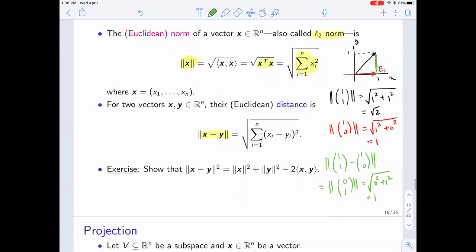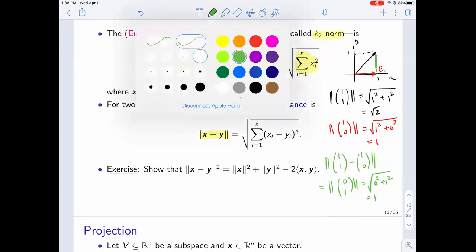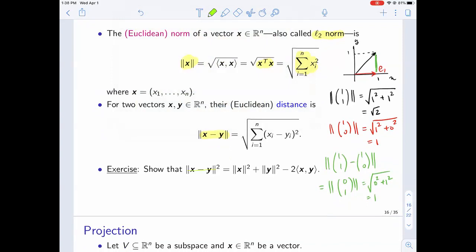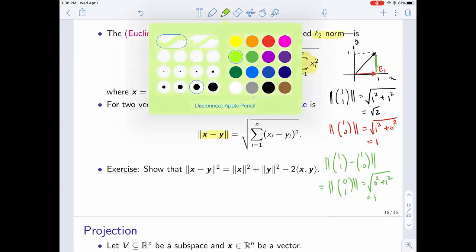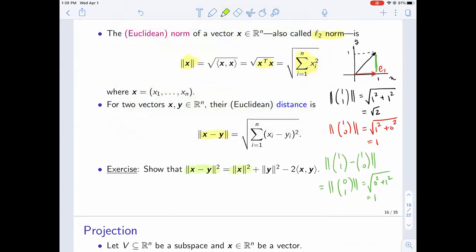But in general, this works for any two vectors in R^n. And then as an exercise, you can show this very nice identity, which is very useful: if you square this distance, it's going to be the norm of x squared plus the norm of y squared minus twice the inner product of x and y.